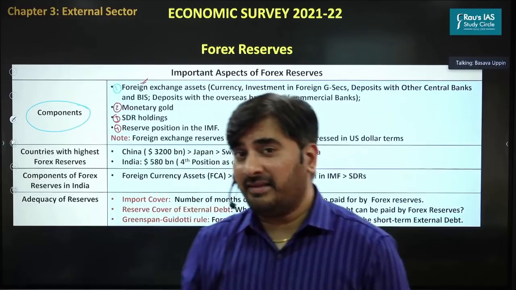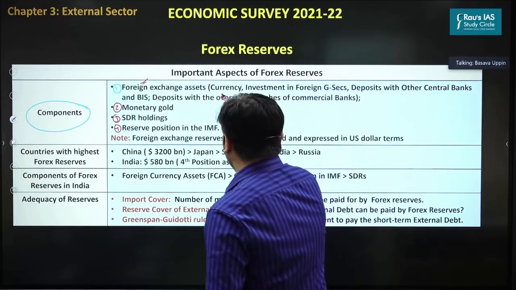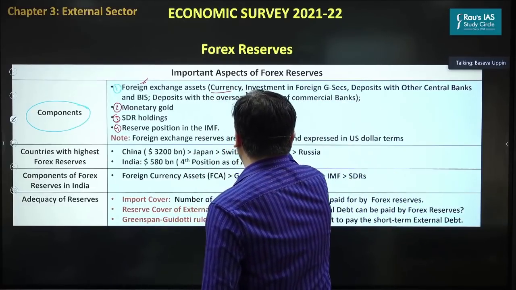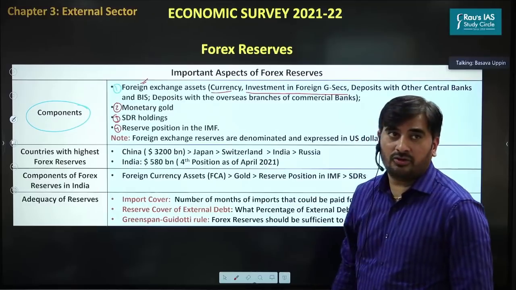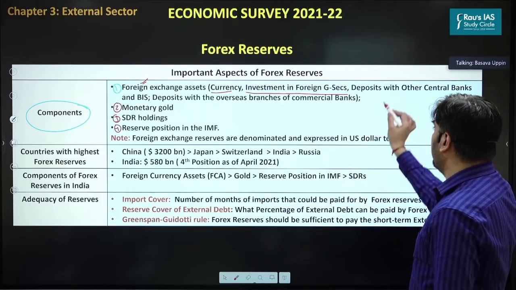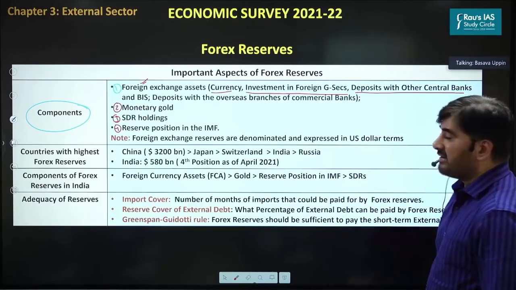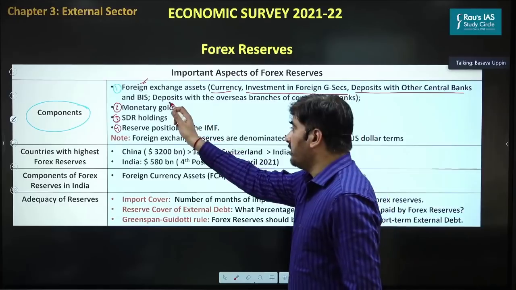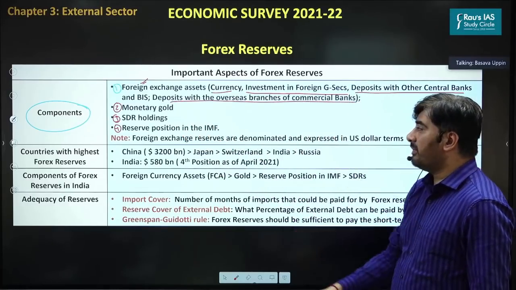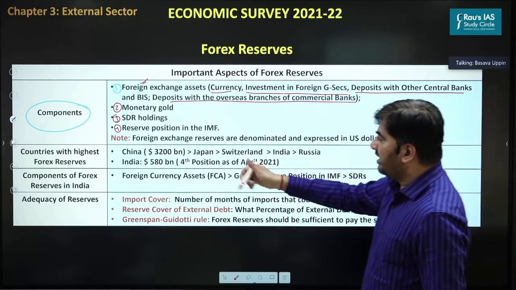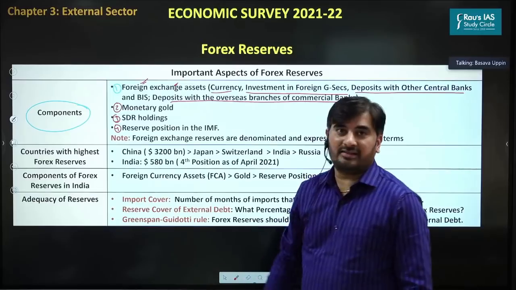But please understand that it is not just the currency. Apart from currency, it also includes the investment in foreign government securities, the deposits with other central banks, and the deposits with the overseas branches of commercial banks. All of these together are referred to as foreign exchange assets.